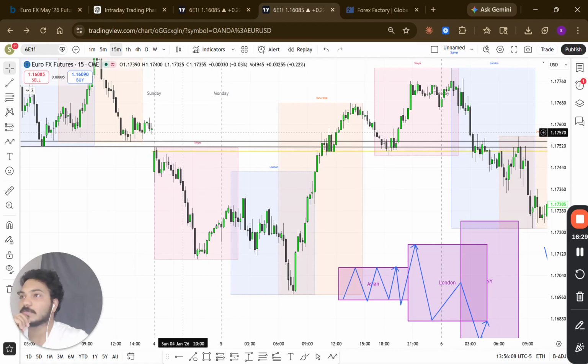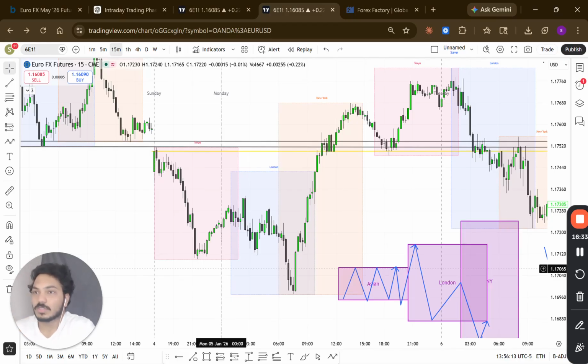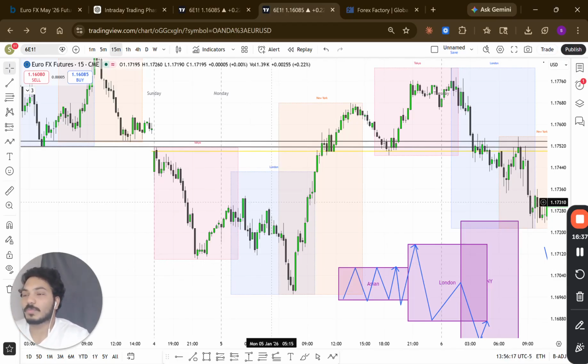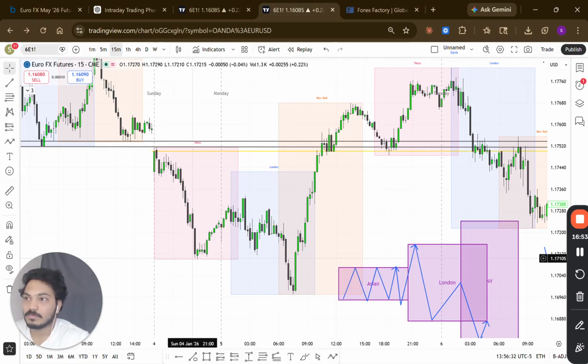These are the buy stops, and below this are the sell stops. If you see what the price did, I mean what the institution did, once it was consolidated, it went down to take out this liquidity below this Asian low.